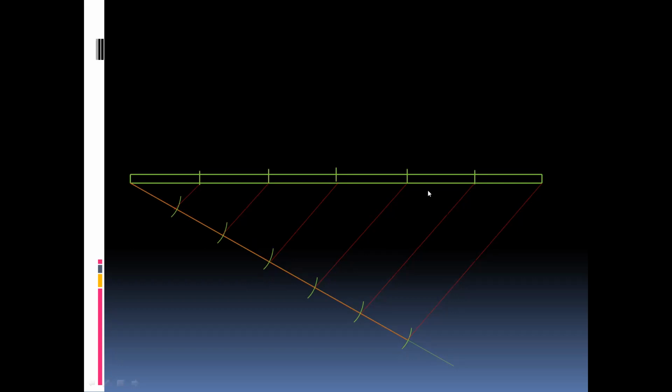Now from each point, draw a vertical line. So you can get these 6 parts. That means we have divided the 10 centimeter line into 6 equal parts.